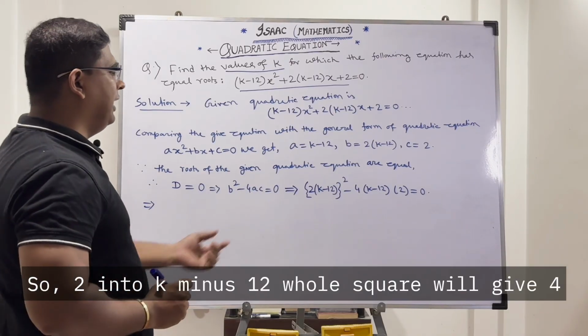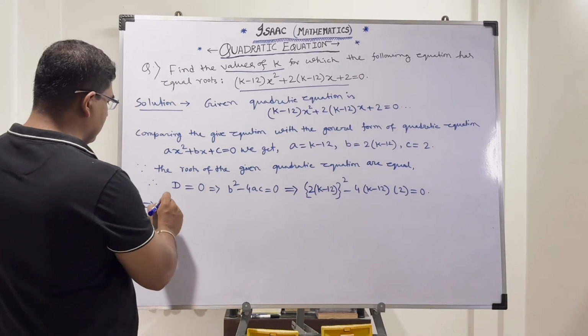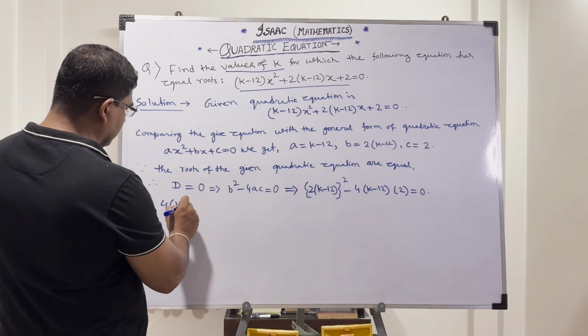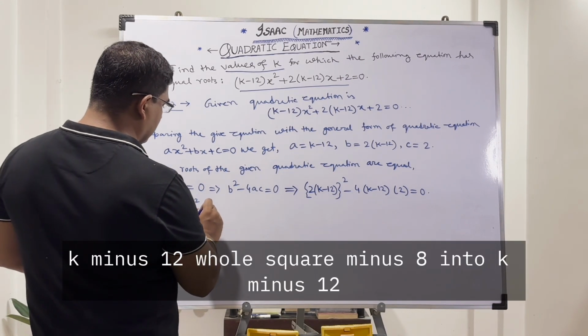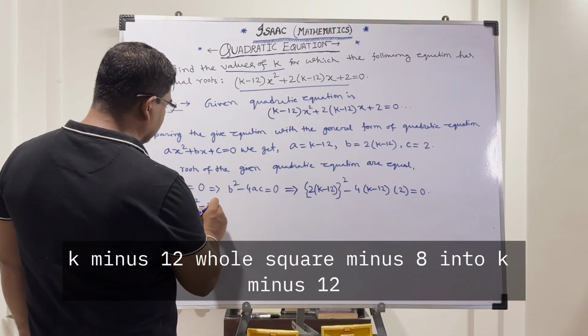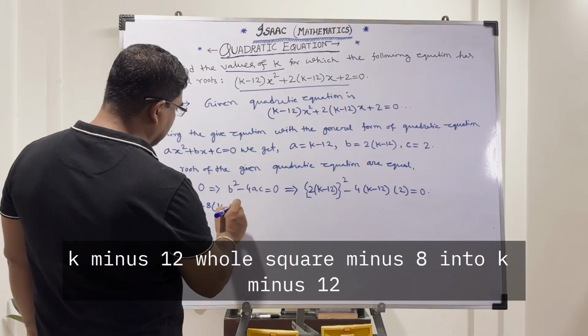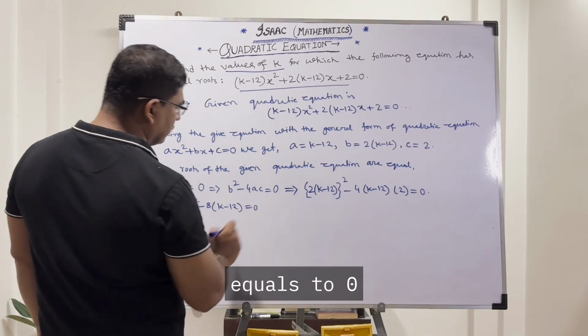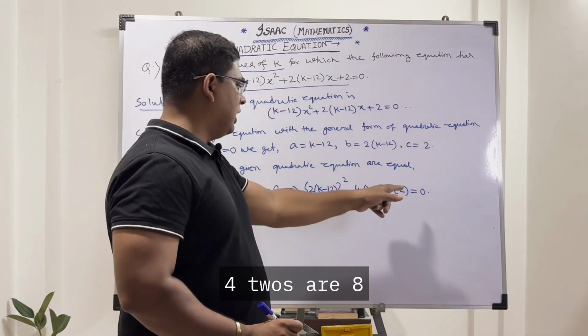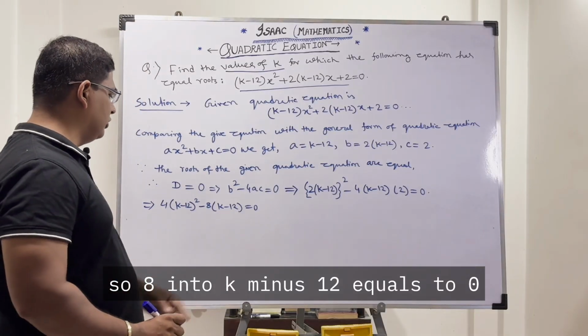So that gives 4 into (k minus 12) whole square minus 8 into (k minus 12) equals 0.